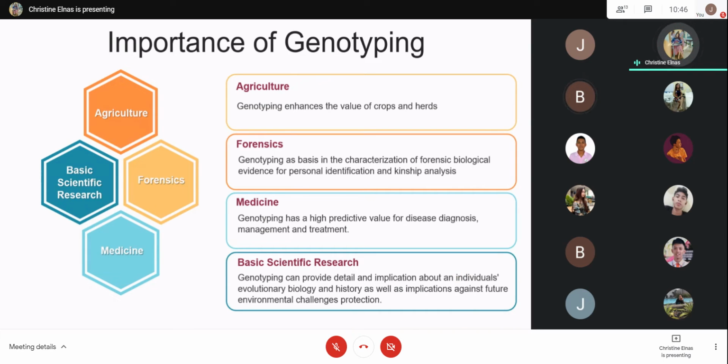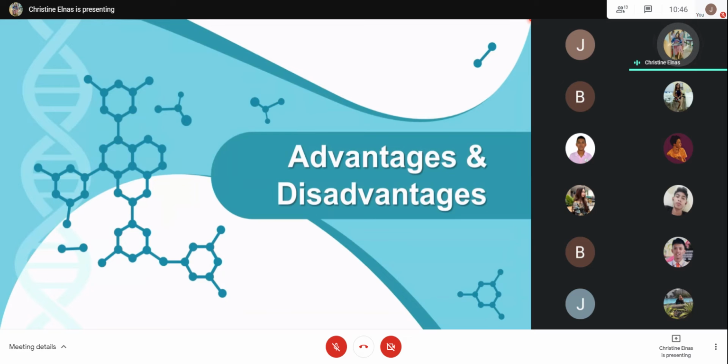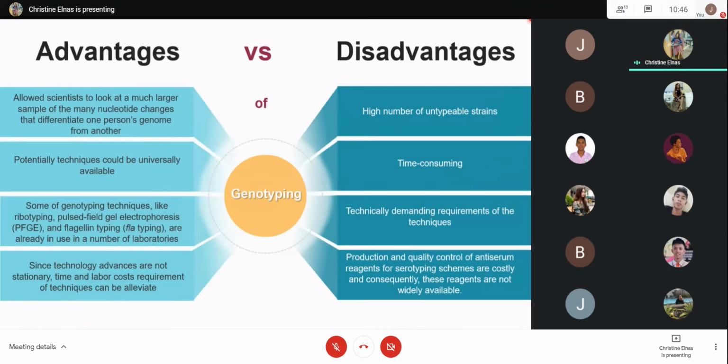Okay. So next are the advantages and disadvantages of genotyping. One of the advantages of genotyping is that it allows scientists to look at a much larger sample of the many nucleotide changes that differentiate one person's genome from another.